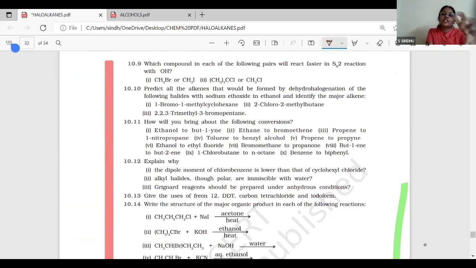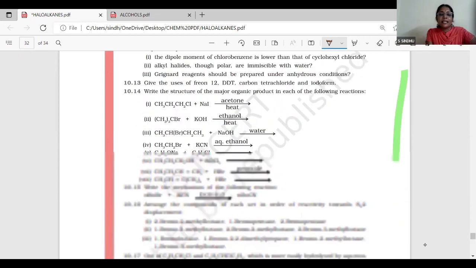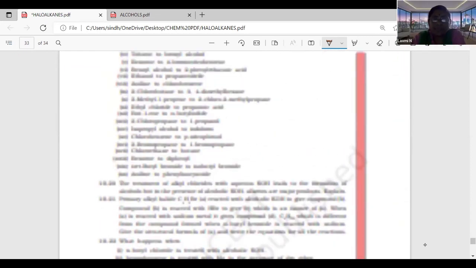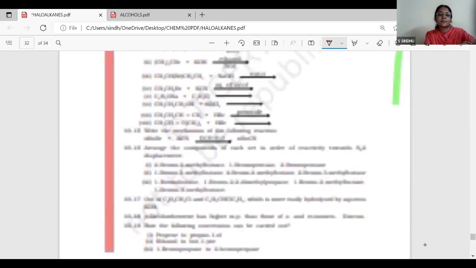This is again like the child will be able to do all complete conversions only after we teach all the chapters together. That's what usually happens. A few conversions we may not be able to touch upon. And somewhere we had amines also, no? Where we use isocyanide and all that. Some question, I think phenyl isocyanide here. Aniline to phenyl isocyanide. This question relates to that chapter.